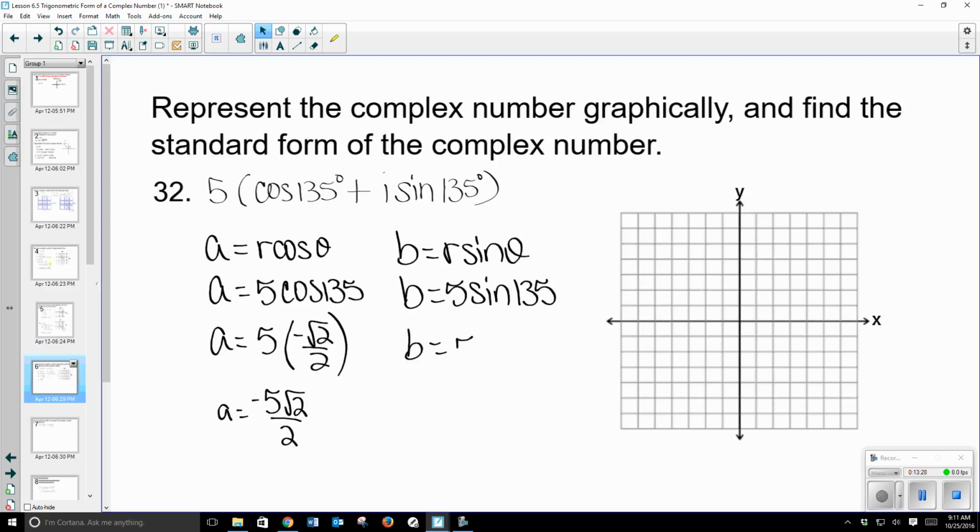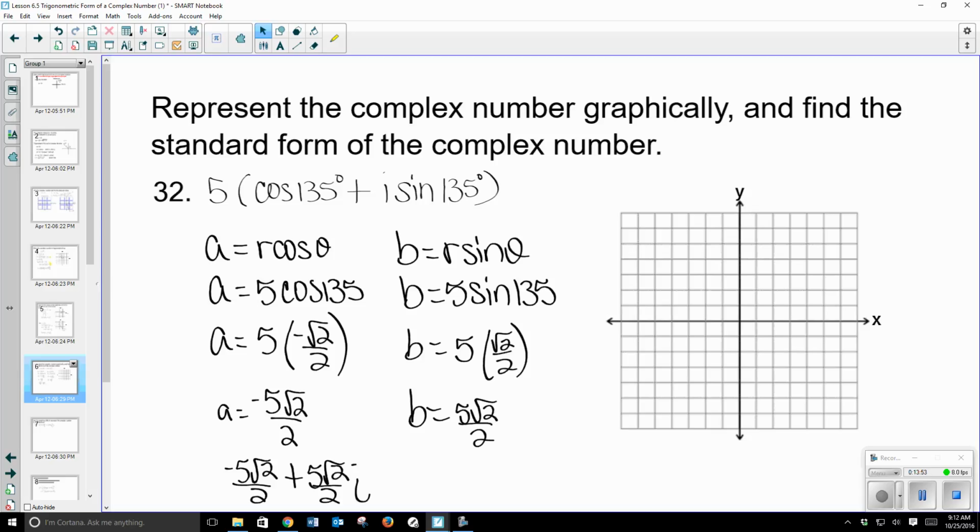And b would be 5 times root 2 over 2, which is 5 root 2 over 2. So you have negative 5 root 2 over 2 plus 5 root 2 over 2 i.